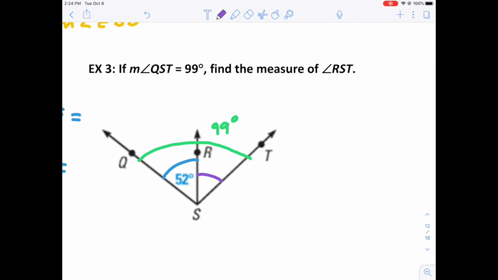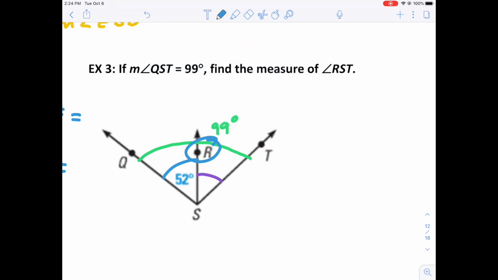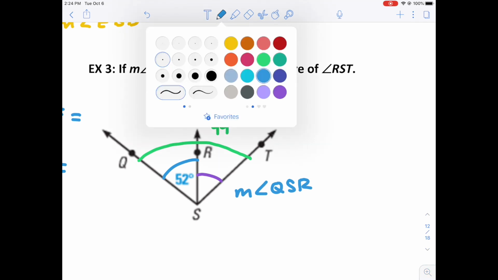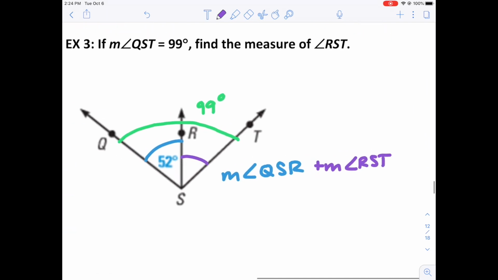So let's set up this angle addition postulate. I know that R is in the middle, so I can take one part, add it to the other part, and I'll get the whole. So let's start out doing that just with the equation. The measure of angle QSR, which is the one in blue, plus the measure of angle RST, so part plus part, equals the measure of angle QST.